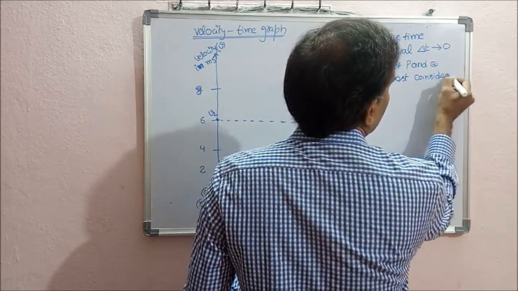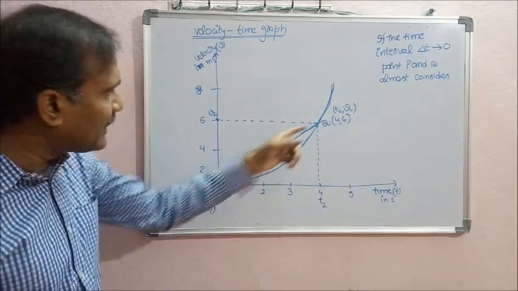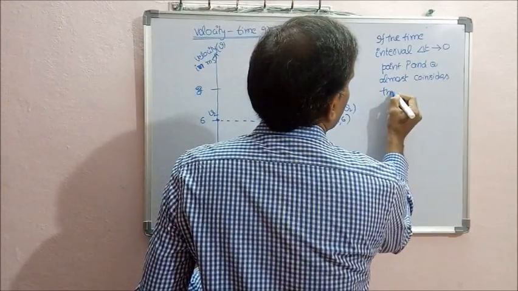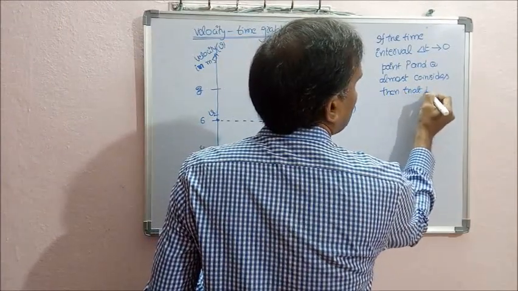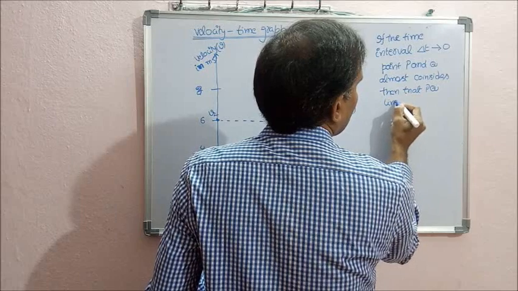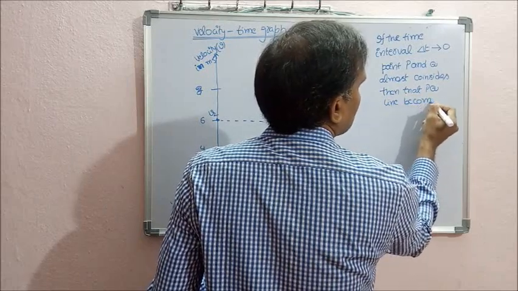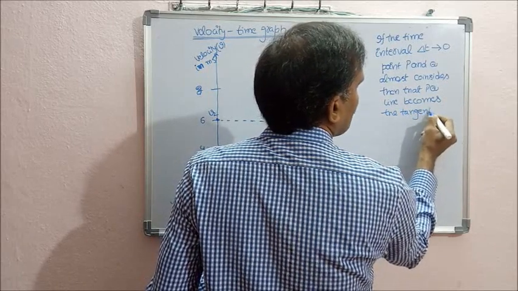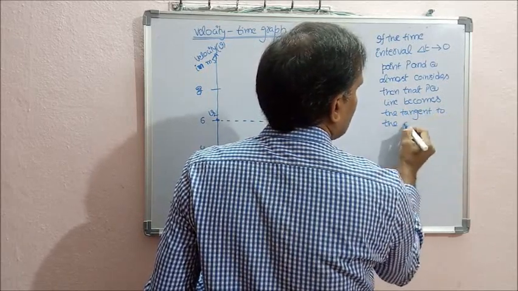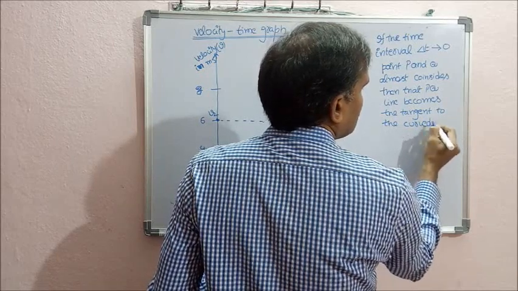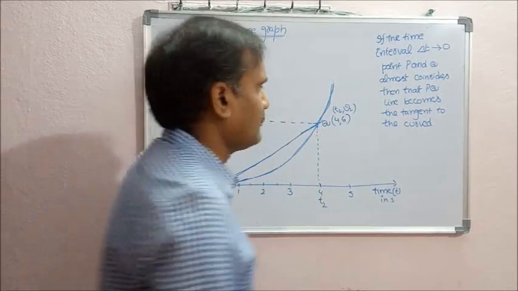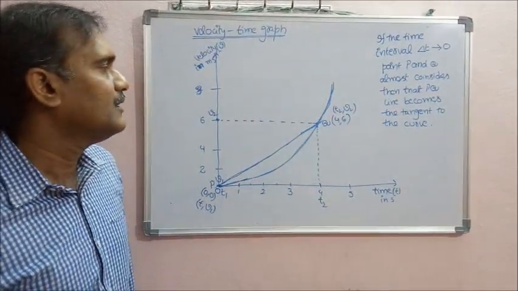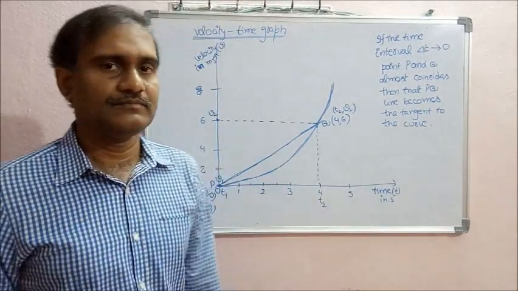Thus the PQ line becomes the tangent to the curved path. Tangent to which curve? The velocity time curve.